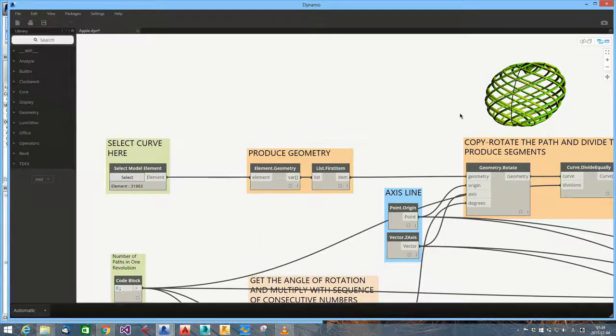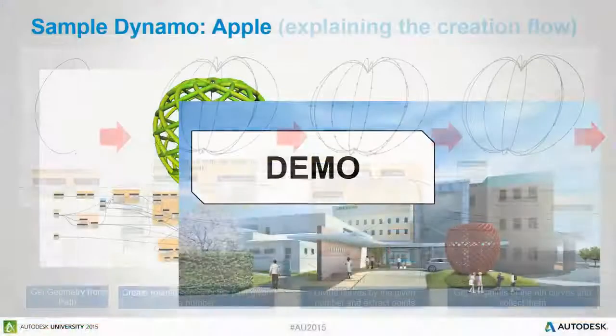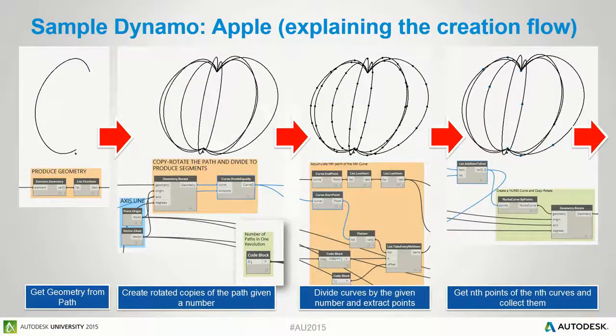So let's have an explanation of how this is produced. First, we have to get the geometry of that curve that we selected here. Then from that geometry, we'll copy rotate the path and divide those paths to produce segments.